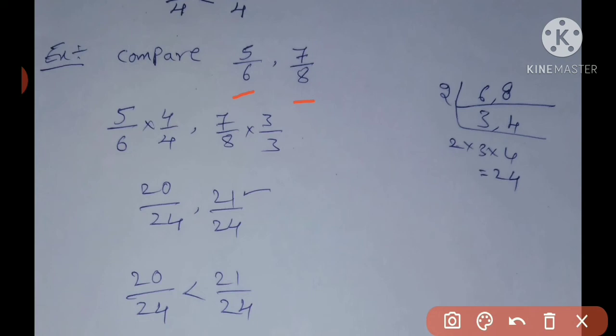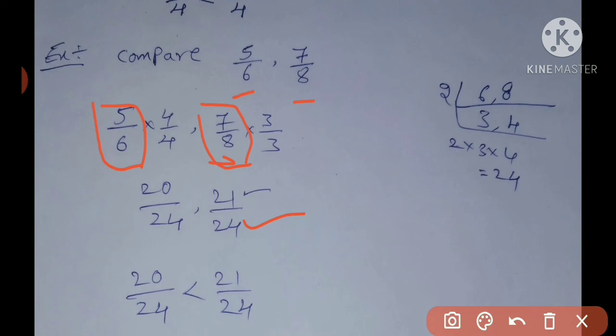For that I take 5 by 6, and I am multiplying and dividing with 4 to make the denominator equal to 24. 5 fours are 20, 6 fours are 24. Next, 7 by 8. I am dividing and multiplying with the same number, 3 by 3, to make this 8 equal to 24. 7 threes are 21, 8 threes are 24.